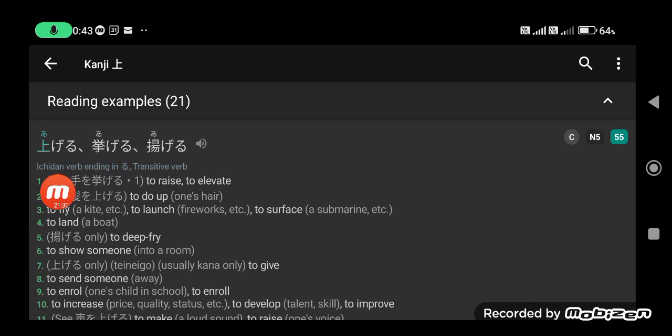So ageru is a transitive verb that is an ichidan verb. Okay, so we disregard this number 1 because this is an intermediate level kanji, a high school junior high level kanji. So we disregard those with this grade 4 intermediate level kanji.